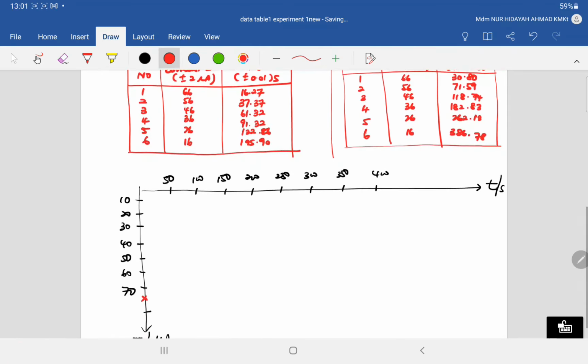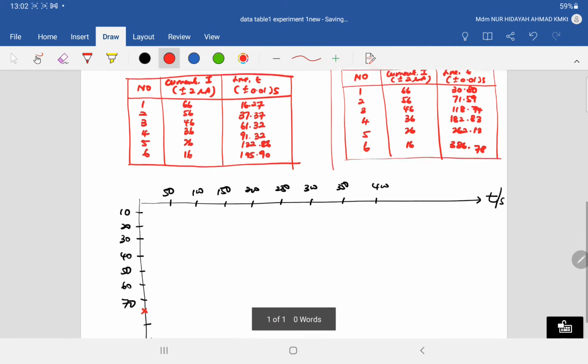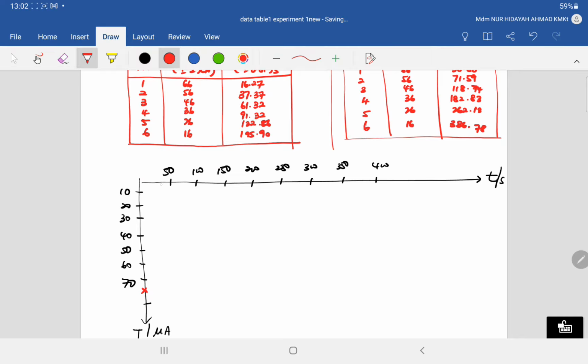Then we have 66, 16.27, here. Then 56, 37, very small. Later you have to use graph paper.